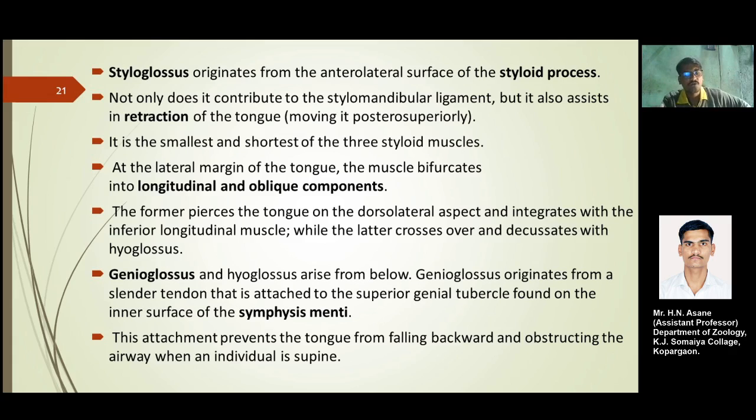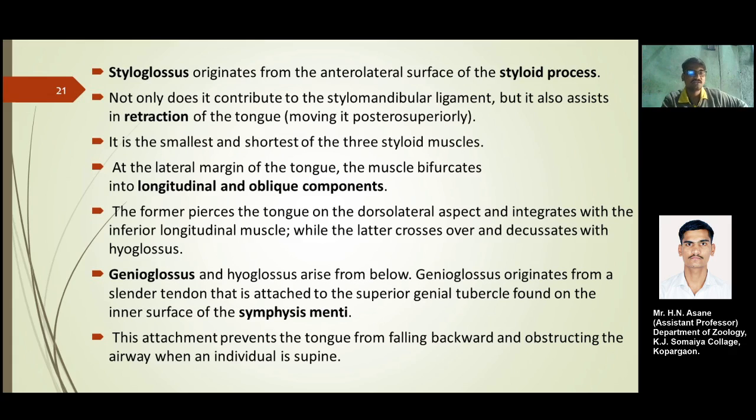The formation that comprises this tongue is the dorsolateral aspects that integrate with the inferior longitudinal muscles, while the lateral crosses we are going to discuss with the hyoglossus.